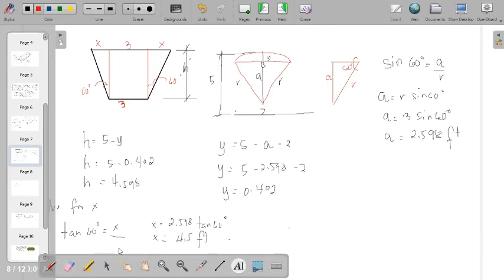So, this is h instead of A. So, this is equals to, ano ba yung h? 4.598. So, this is 4.598 times tangent 60.